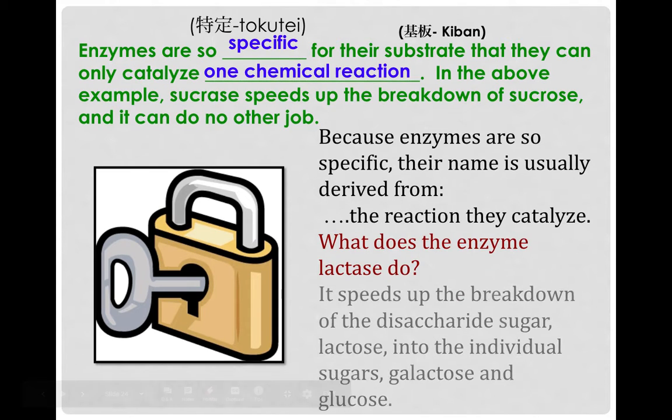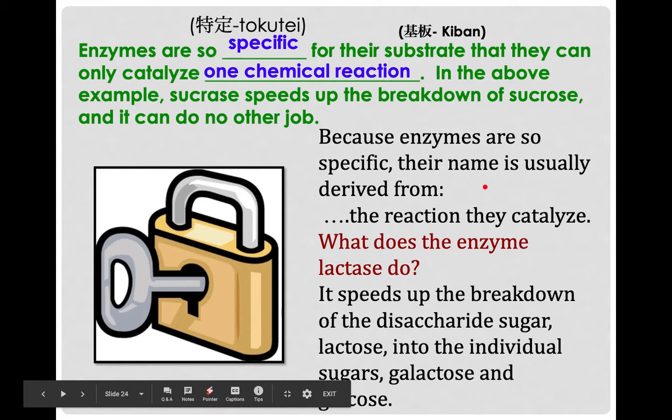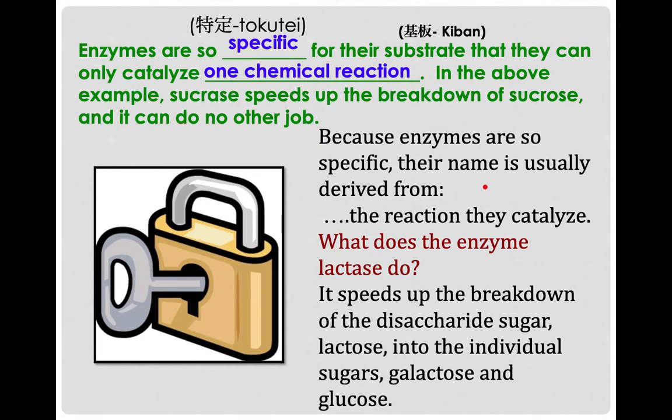All right. Let's talk about this right here. So enzymes are specific for their substrate. The substrate is the part that the enzyme connects to. All right, so there's a chemical reaction that's happening with something. That something that connects to the enzyme is called a substrate.